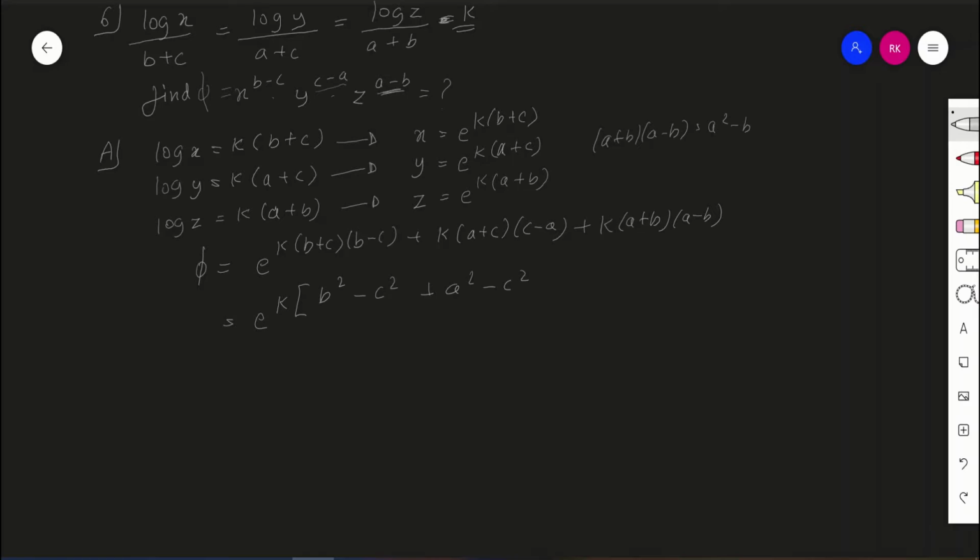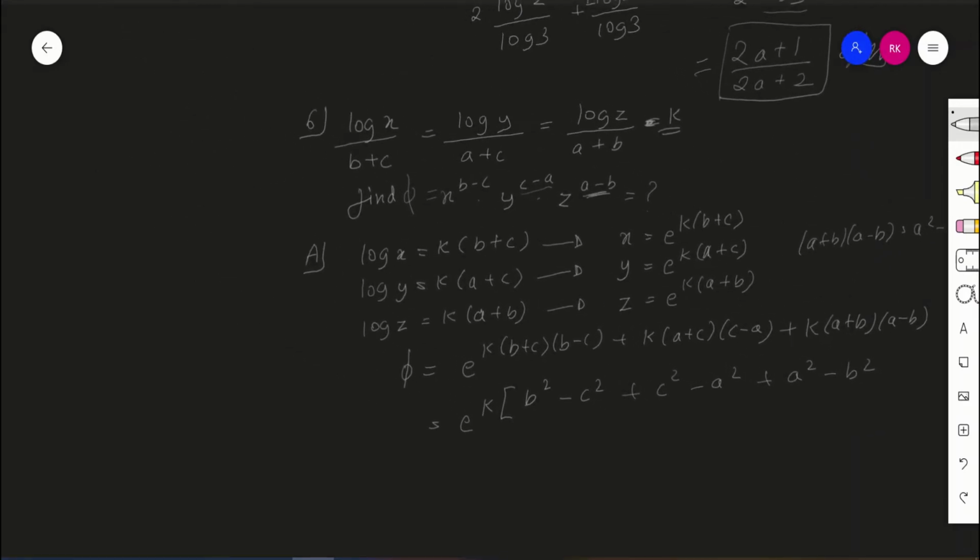Sorry, it's going to be c square minus a square, c minus b, plus a square minus b square.